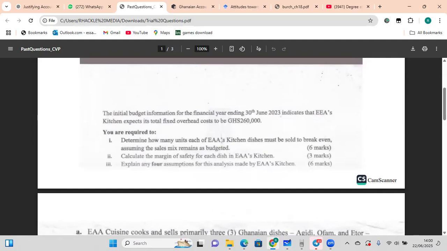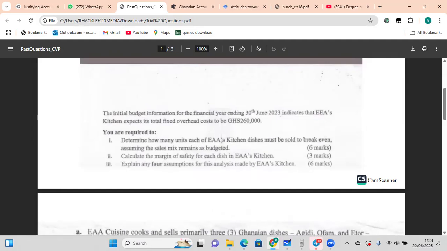So first, they said we should determine how many units of the dishes must be sold to break even, assuming the sales mix remains as budgeted.